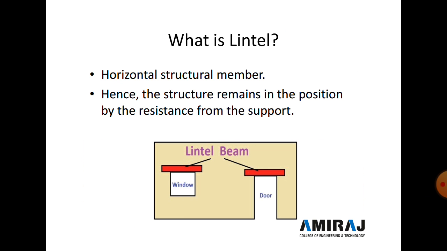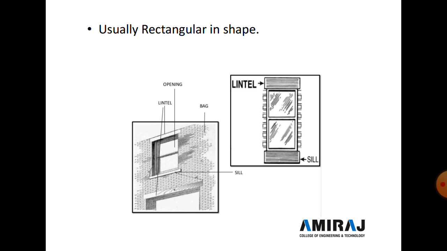Here the lintel beam is shown as a structural member kept in position by the resistance from the support. Lintels are usually rectangular in shape, the width of which is equal to the width of the wall, and the ends of which are built into the wall.